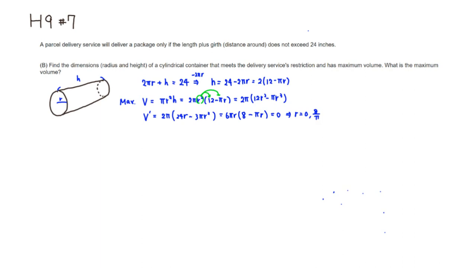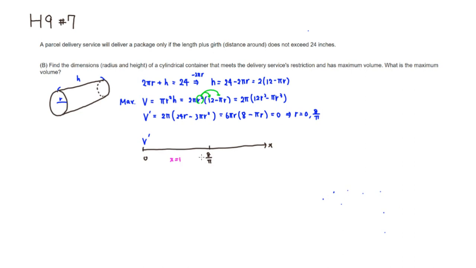Then let's do a number line to analyze the shape of the V function. Look at V prime, using 0 and 8 over pi. Between 0 and 8 over pi, a number like 1 works.